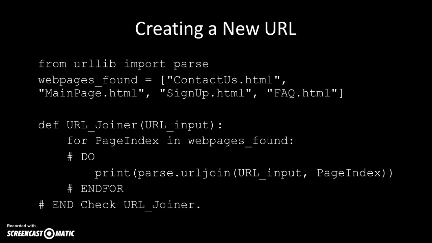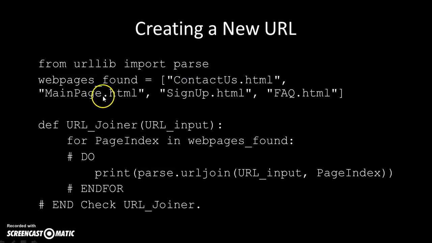So now we're creating a new module or method called URL joiner. It takes in the web address as a parameter, and then what it says is, using a variable called page index in the list of elements of the array we've created. So we've created an array called webpagesfound.